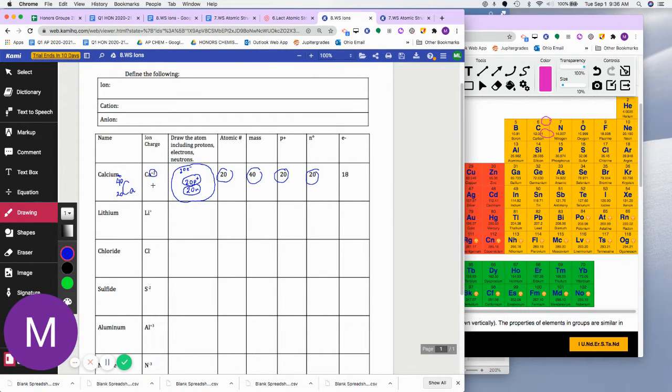Positive 2 means removing electrons. In this case, we will remove 2 electrons. So 2 electrons will leave. So now we don't have 20 electrons, we now have 18 electrons. If you add the charge, you can see 20 positives, 18 negatives, you're going to have a positive 2 charge.